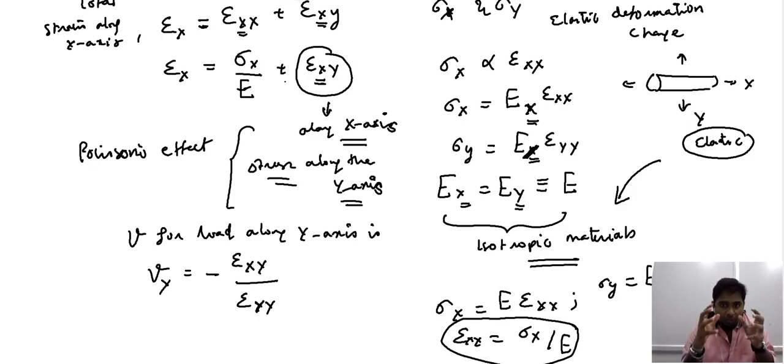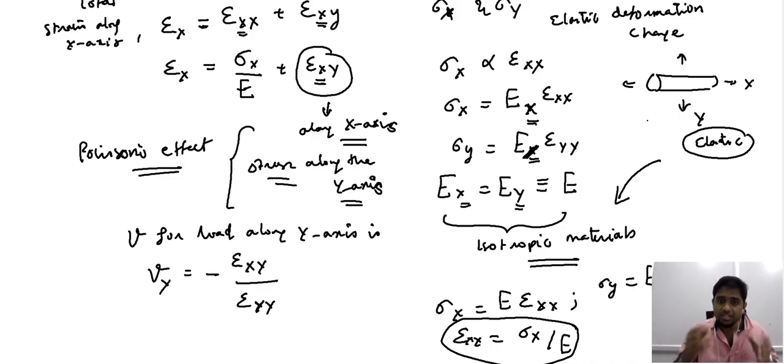The only reason why we have a strain along the x-axis for a load along the y-axis is primarily because of the Poisson's effect. So therefore, we consider the corresponding Poisson's ratio for the load along the y-axis.